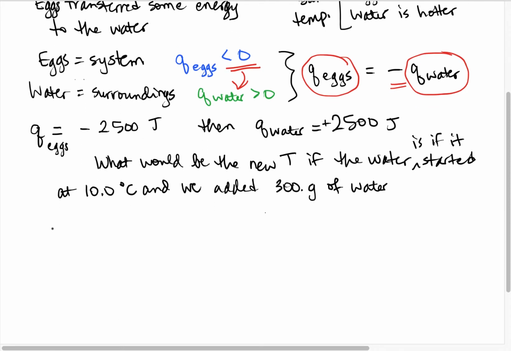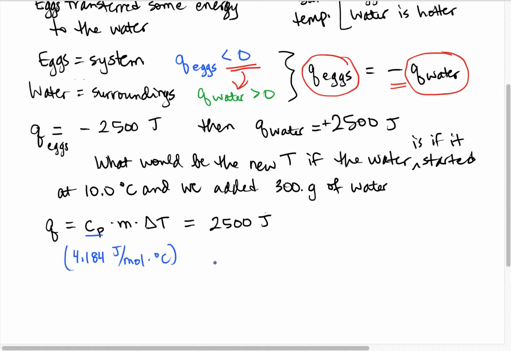For the water, we can see that Q is equal to Cp times m times delta T, is our generic equation. And for the water, this is going to be plus 2,500 joules. This is liquid water, so the heat capacity of the liquid water would be 4.184 joules per gram degrees Celsius or Kelvin.